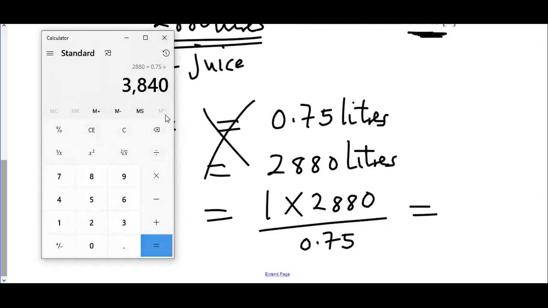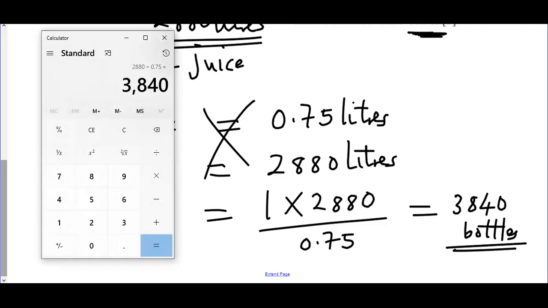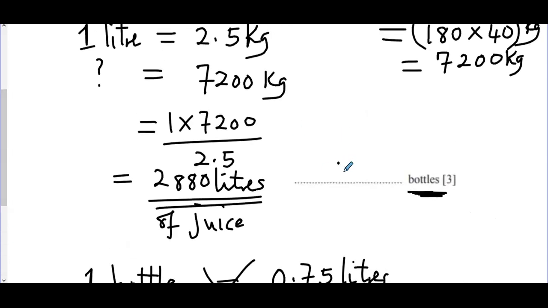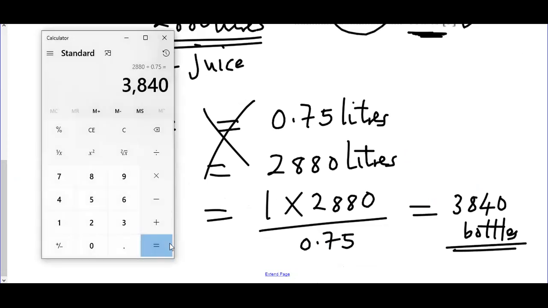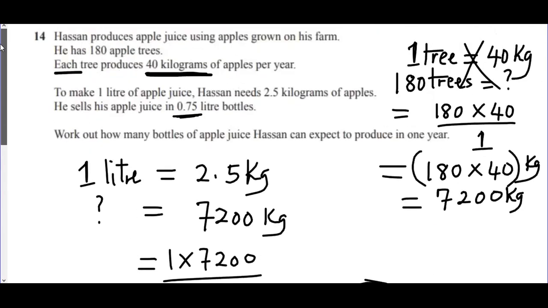So you end up getting 3840 bottles. That will be the final answer, 3840 bottles. So go ahead writing the answer here, 3840 bottles, and you get your 3 marks. I think that is very clear, and there we go.